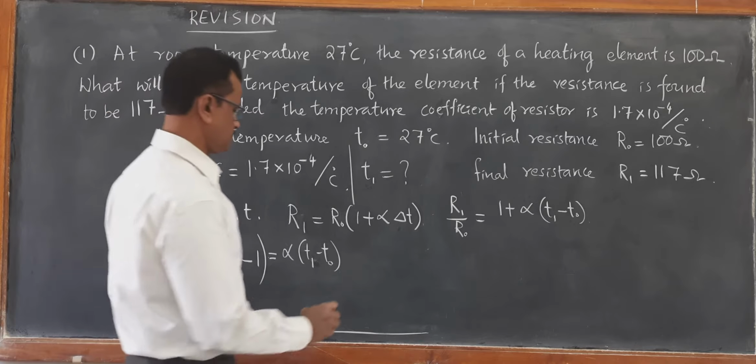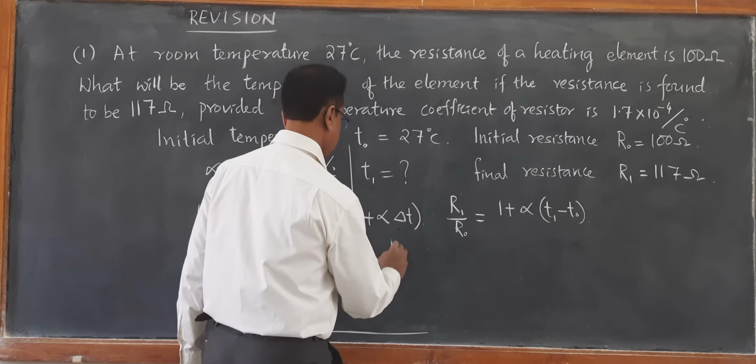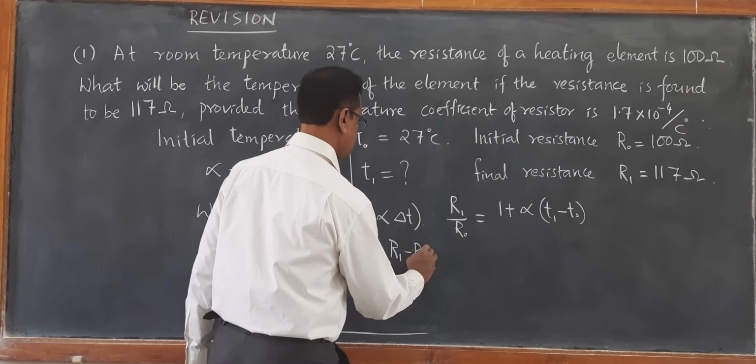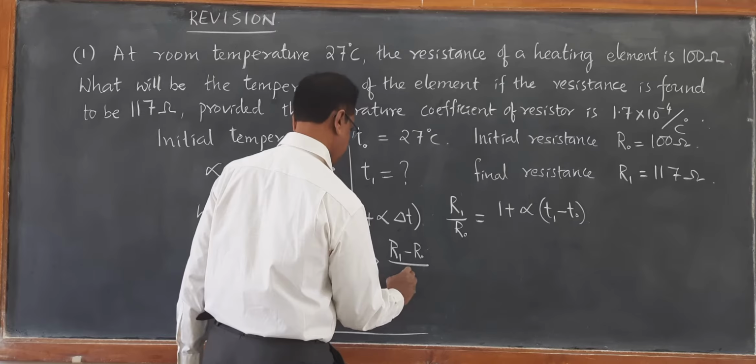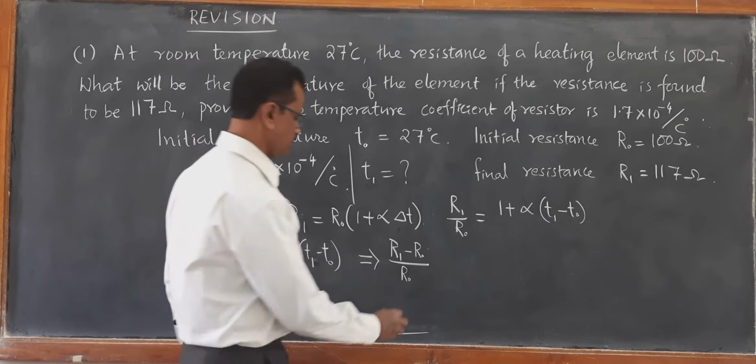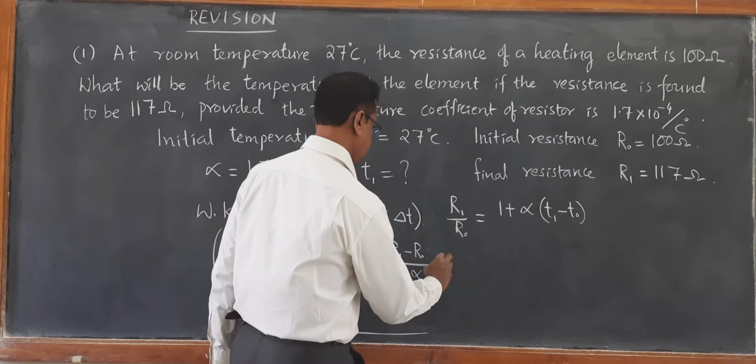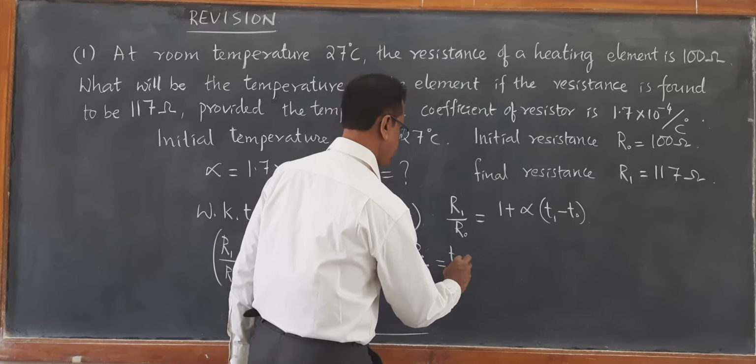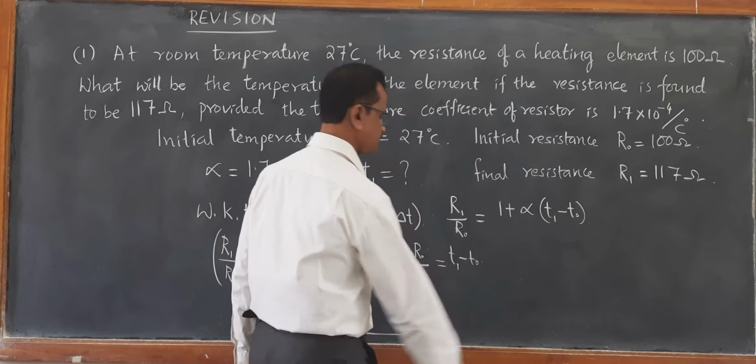Simplify this. This implies R1 minus R naught divided by R naught. Take this alpha to the left hand side. It becomes R naught alpha. It is equal to T1 minus T naught.